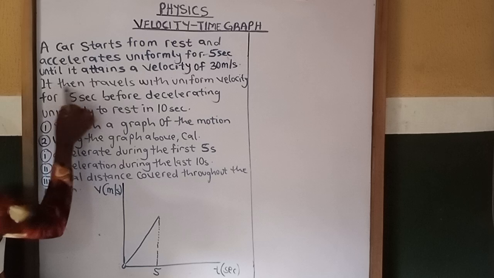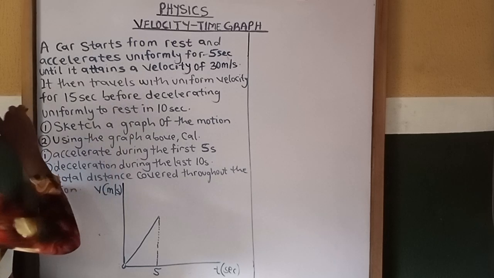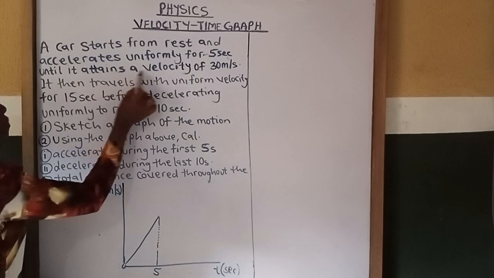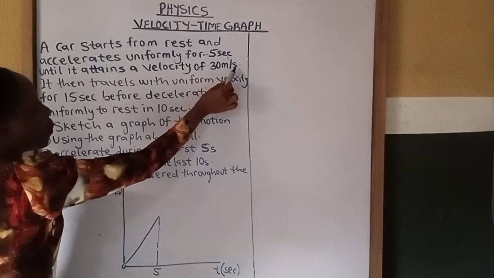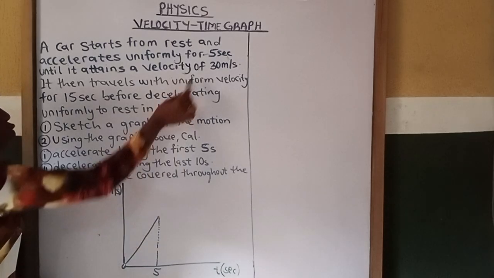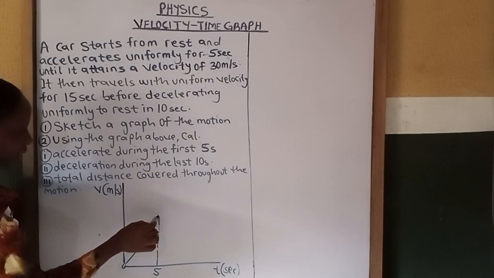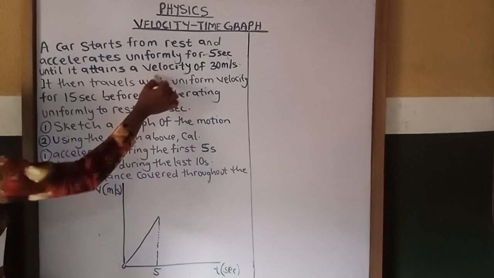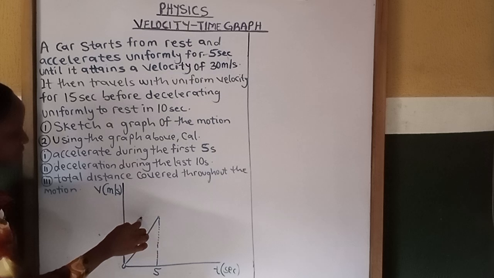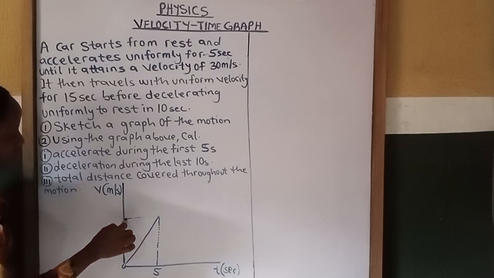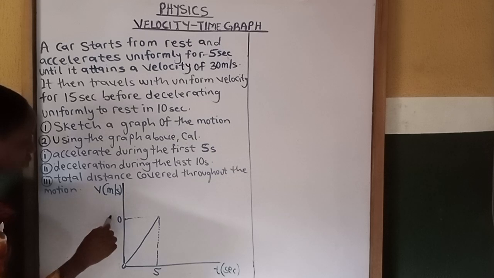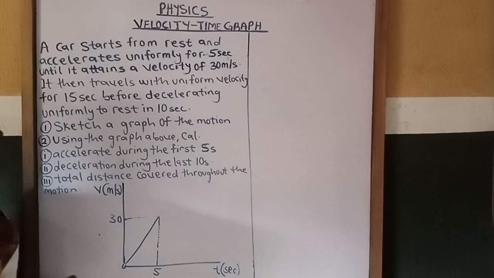It attains a velocity of 30 meters per second, so we trace it to the velocity axis. So this place is 30 meters per second.